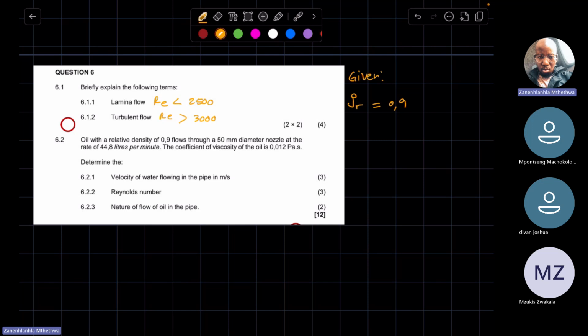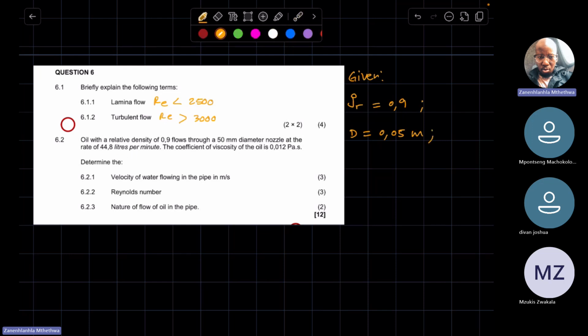And then we have the diameter of the nozzle, which is 0.05 meters.